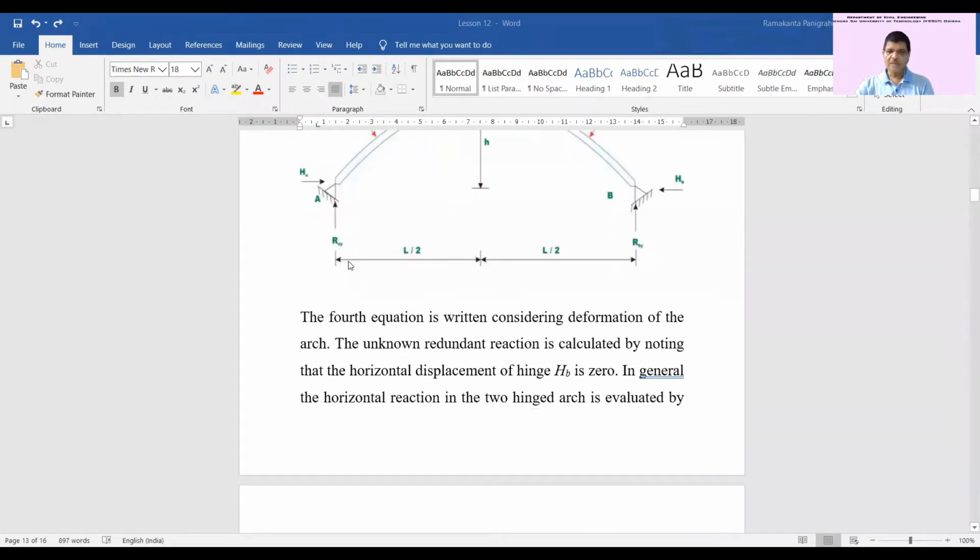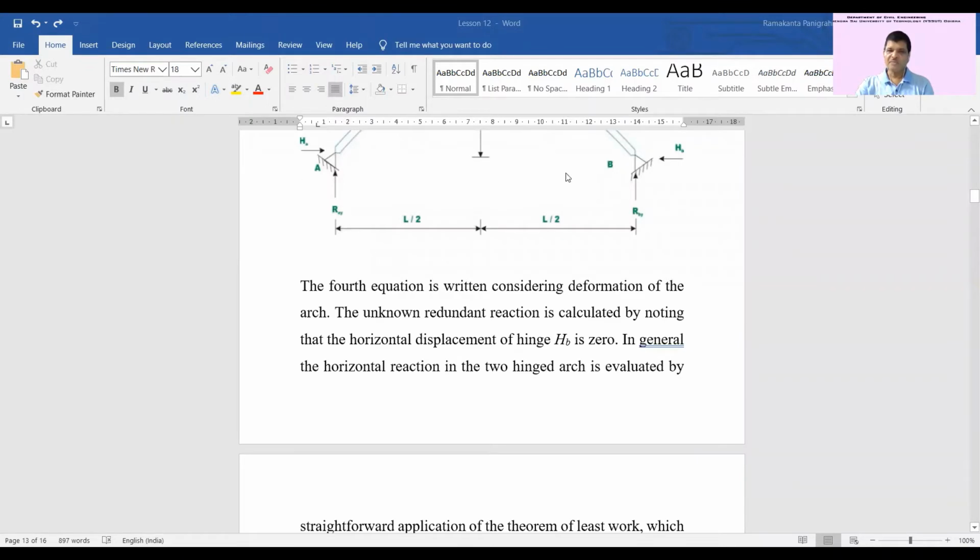Now, out of these 4 unknowns, 3 can be determined by the equations of statics, but for the fourth you need another equation, because 4 unknowns need 4 equations. So the fourth equation is written considering the deformation of the arch.